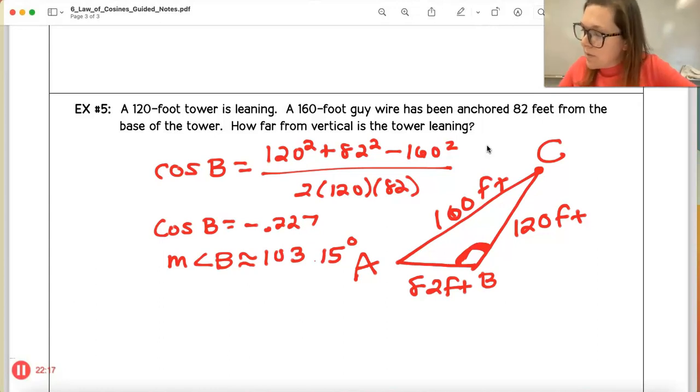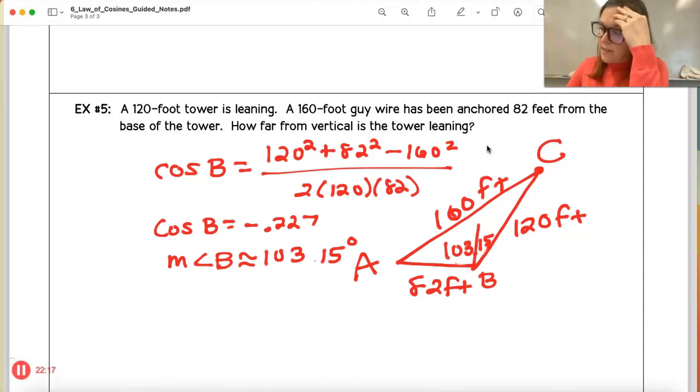Okay, so if this angle here is 103 degrees, let's say, vertically straight up would be at 90, wouldn't it? So if we're right here at 90, how much more is it leaning past that 90 is what the question's asking.